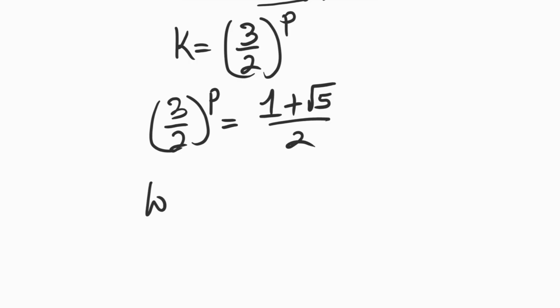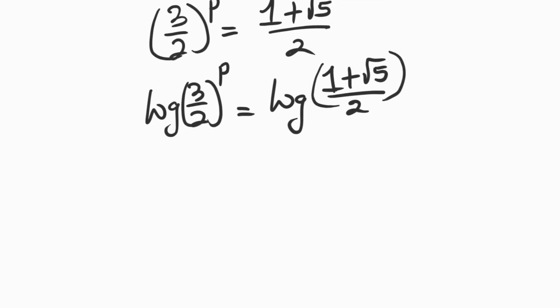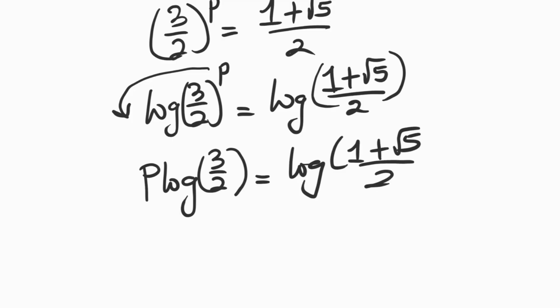And if we do that, we have log of 3 over 2 raised to the power p equals log of 1 plus root 5 divided by 2. Now, p comes down here and becomes p log 3 over 2 equals log of 1 plus root 5 divided by 2.